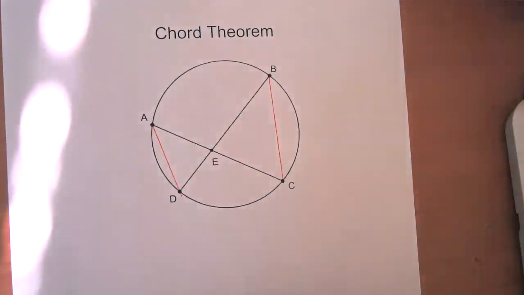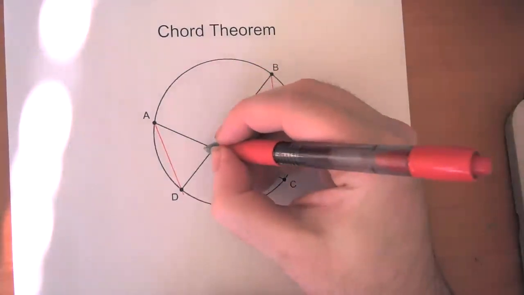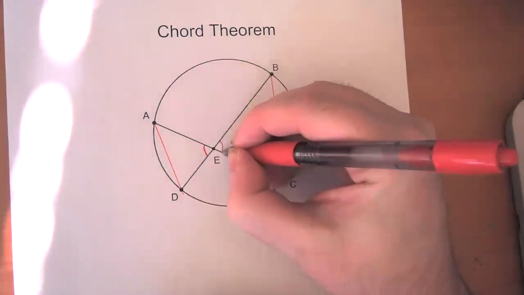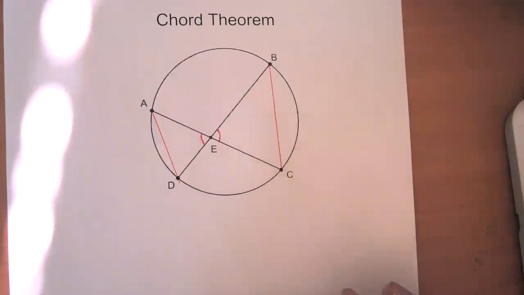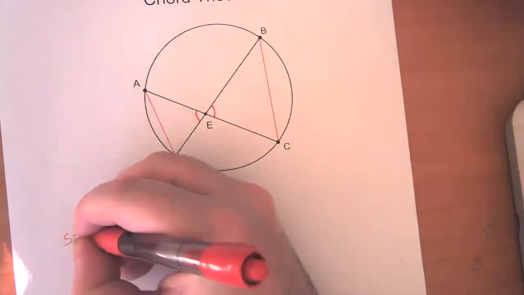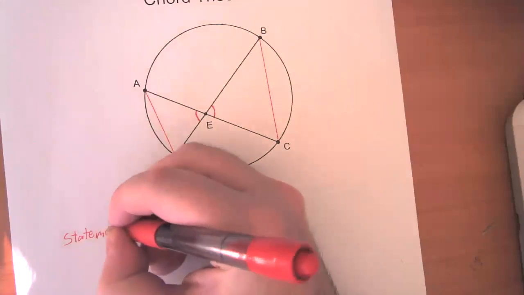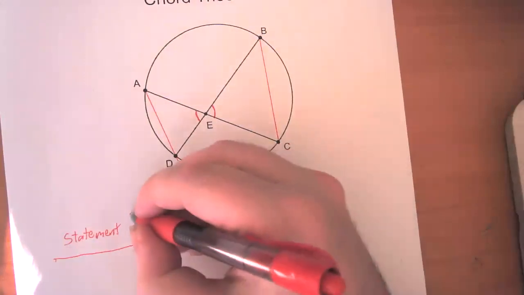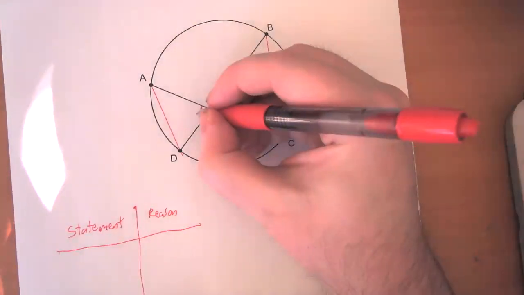All right, well, one thing that students have popped onto pretty quickly is that these two angles right here must be congruent to each other. Let's put down statement and reason. This will be a little bit informal.